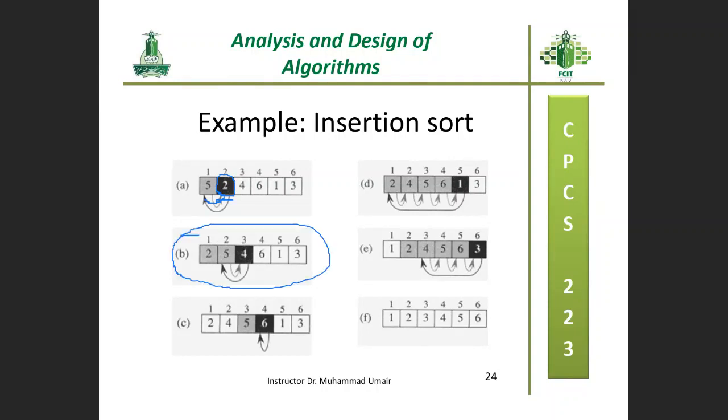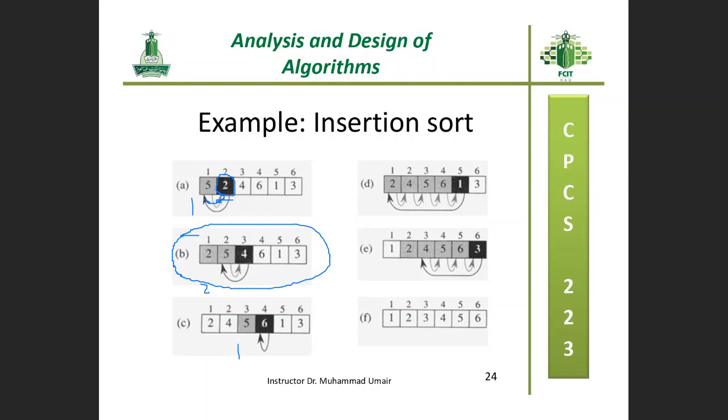For example, here we have to perform one comparison, one iteration. Here we have to perform two iterations. Here we have to perform only a single iteration, and so on. So the question is, what could be the best case scenario for this while loop?